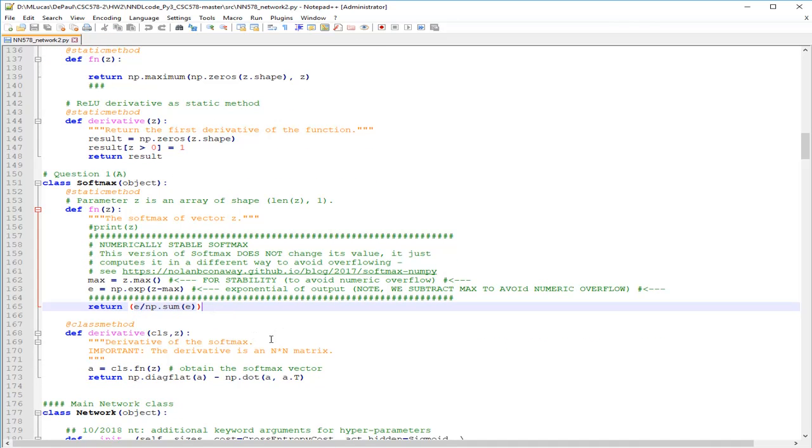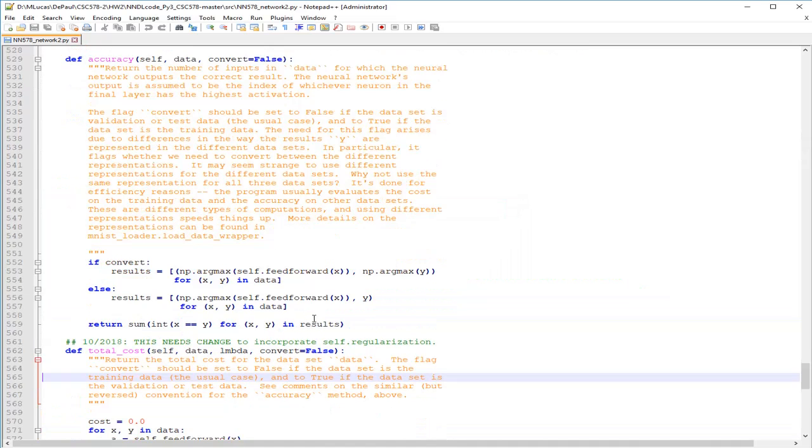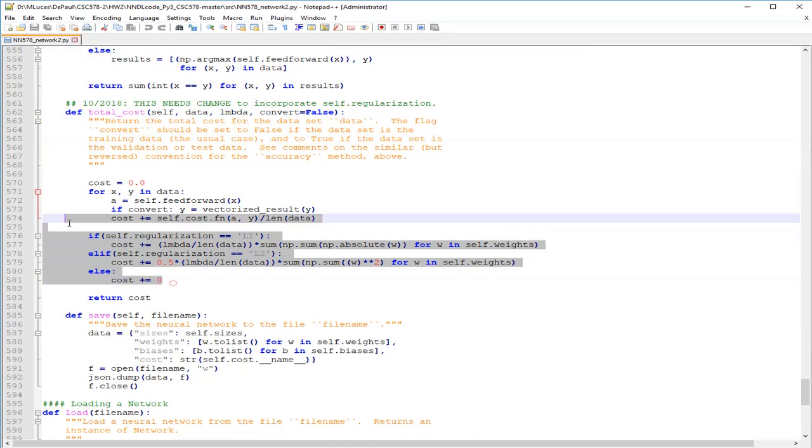We were also asked to implement the regularization functions using L1 and L2. The implementation of L1 and L2 was included in the function total cost. Here's L1, L2.